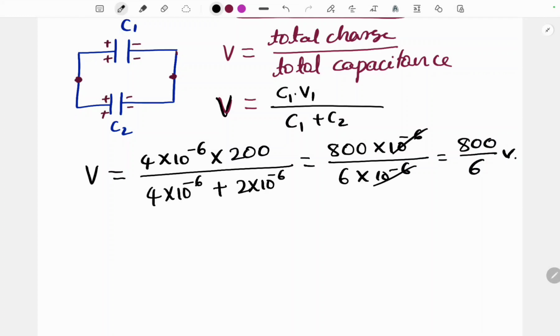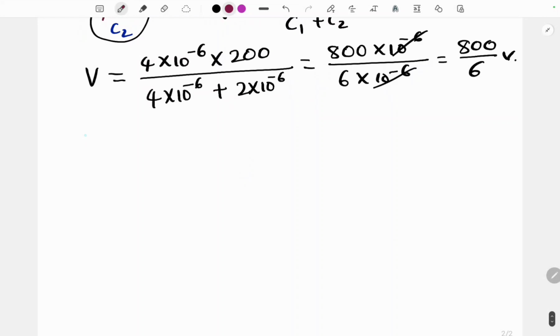Okay, now what do we need to calculate? Energy stored in C2 we want, so that is calculated by E2 is equal to half C2 V2 square, or V square, the new voltage across the capacitor.